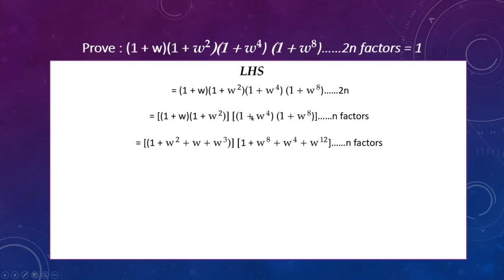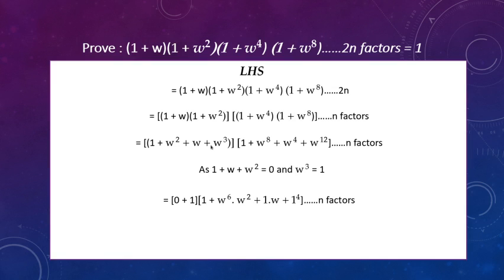You know very well how to multiply two algebraic expressions up to n factors. Now we know that 1 plus omega plus omega square is equal to 0 and omega cube is equal to 1. Here 1 plus omega plus omega square will be equal to 0 and omega cube will be equal to 1.